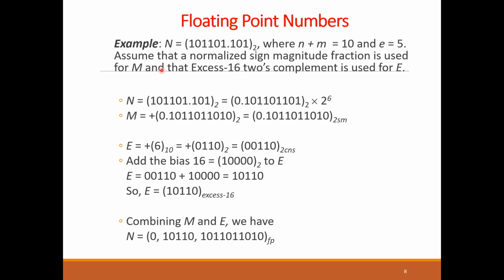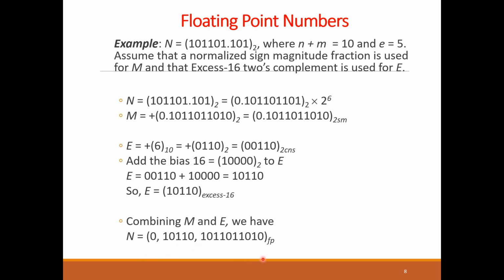And now it is said that to represent the number, add excess 16 to the 2's complement. So this was the number 6, plus you are adding 16. 16 is 10000, so it becomes 10110. So this is the exponent in excess 16. So combining everything, here is the sign bit, then 5 bits of exponent and 10 bits of mantissa. So this will be the floating point number representation.